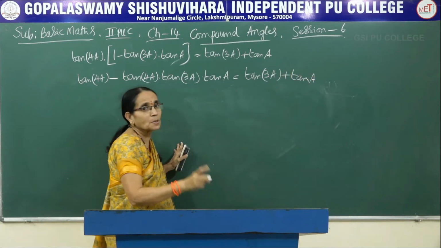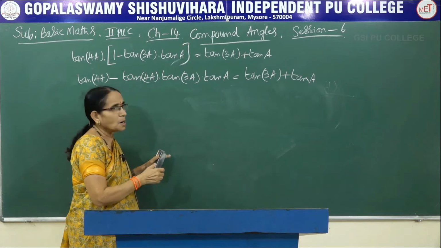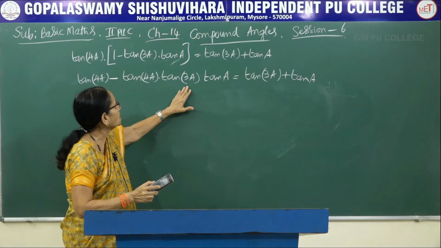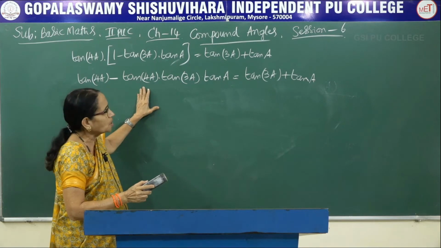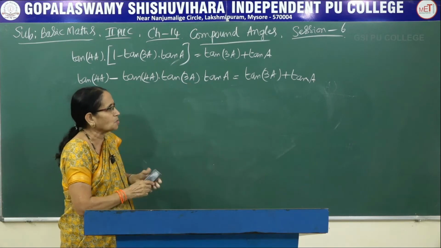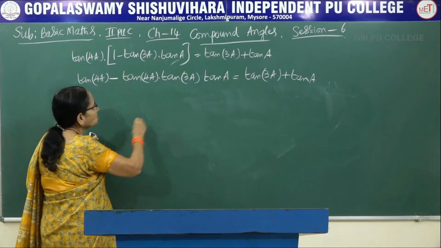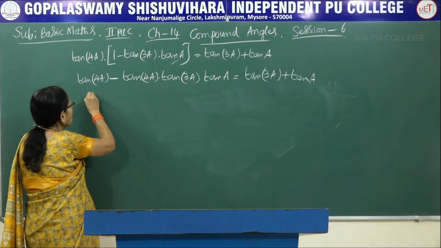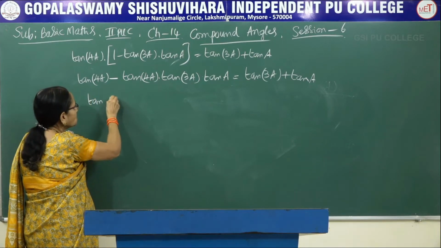Now look at the problem which I had given you. In the problem, we had a product on one side, tan A into tan 3A into tan 4A, that was equal to the difference of the terms there. Now what I do is, I take both the terms on the right hand side to the left hand side. Naturally, they change sign.